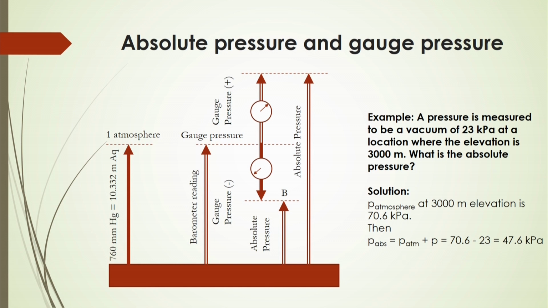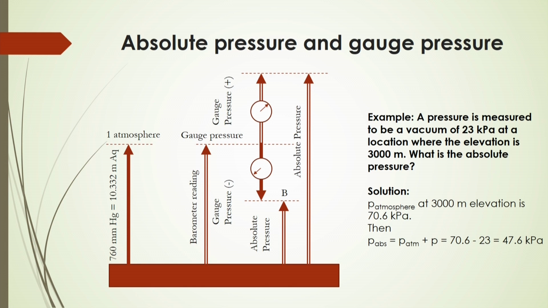Here see one example of the pressure. A pressure is measured to be a vacuum of 23 kilopascal at a location where the elevation is 3000 meter. Then what should be the absolute pressure here?